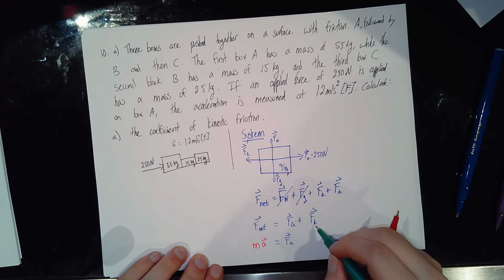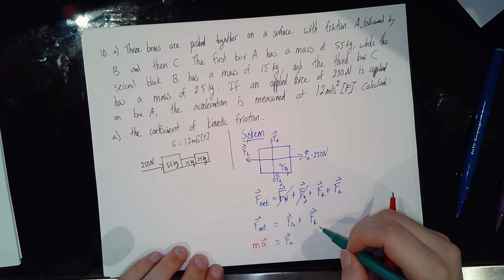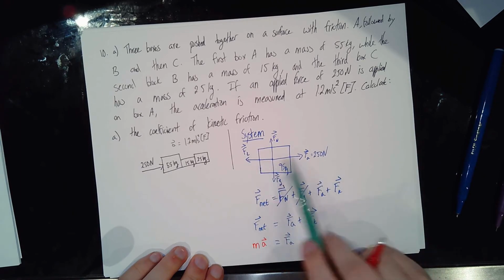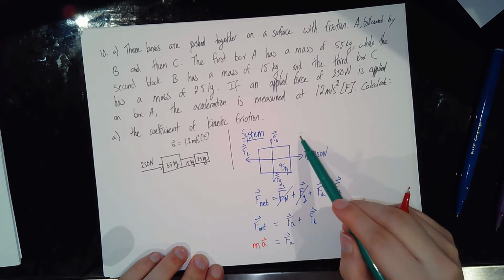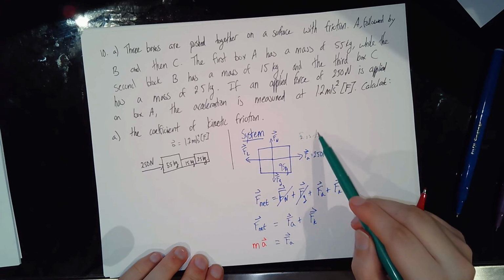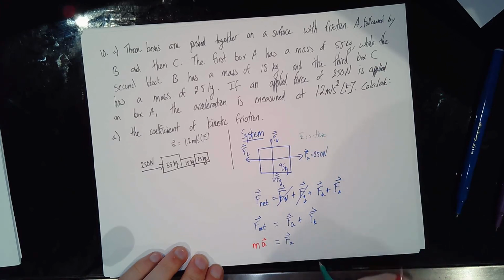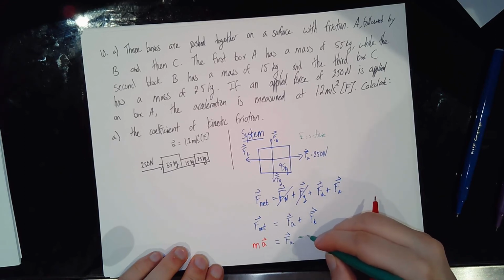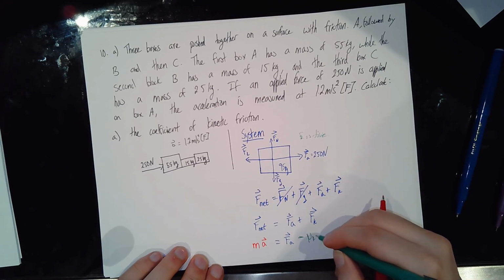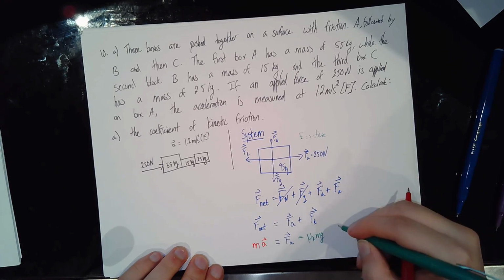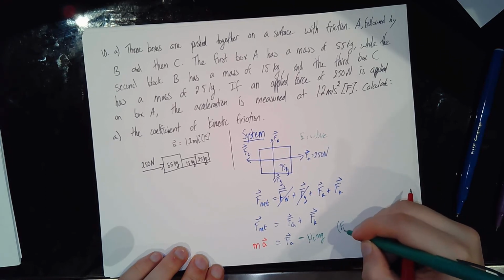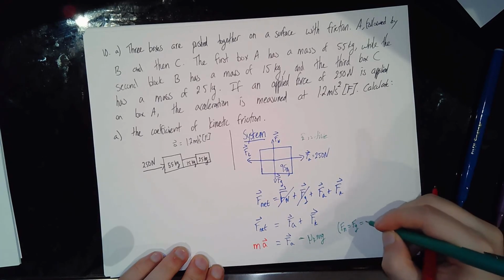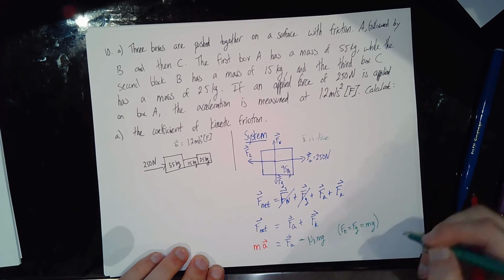And our force of kinetic friction is going to be equal to mu k mg. It's in the opposite direction of this applied force. So let's say east is positive. And so our force of kinetic friction is going to be in the negative direction. And so this is going to be minus mu k mg. Again, remember that's because our normal force in this case is equal to our gravitational force, which is equal to mg.